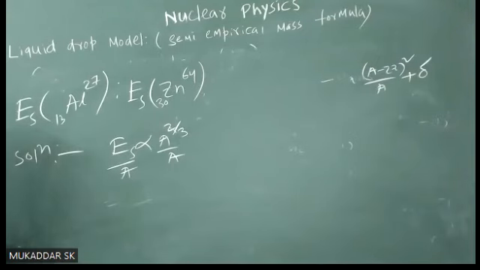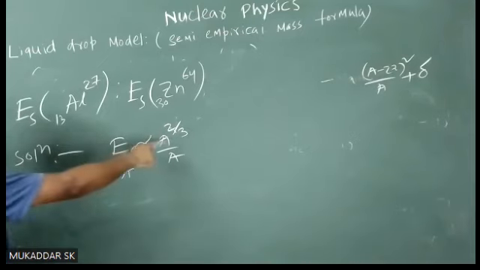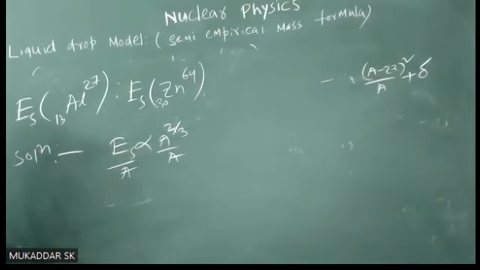From this definition, the surface energy of the total nucleus is proportional to A^(2/3). But in that notation, they have said that E_S denotes the contribution of surface energy per nucleon. Per nucleon means you have to divide by the mass number.